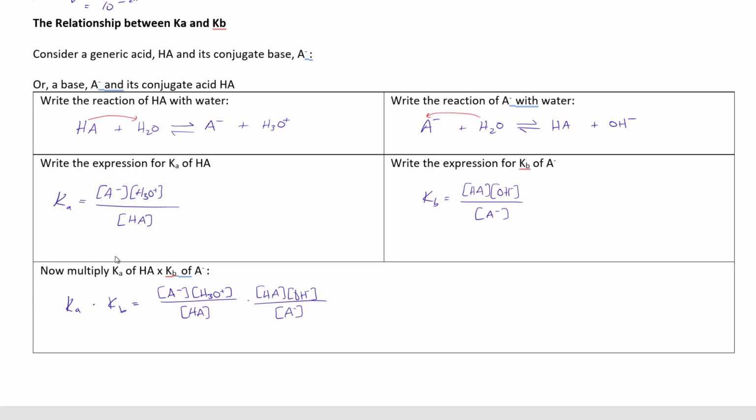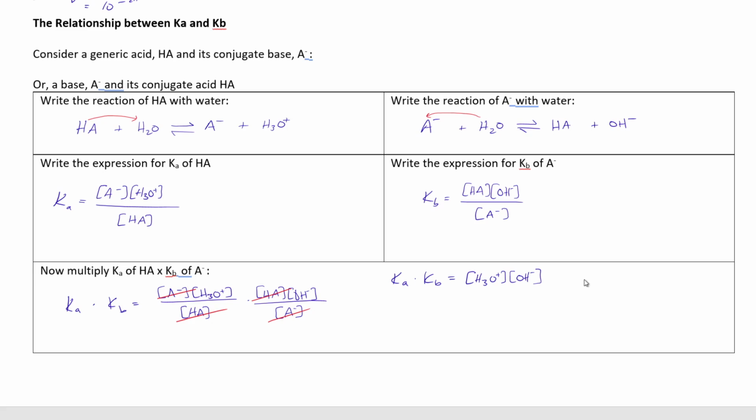And if I take a look at these fractions that are being multiplied, I've got HA in the denominator and HA in the numerator, and A minus in the numerator and A minus in the denominator. So they will cancel out, and I will end up with Ka times Kb is equal to H3O plus times OH minus.